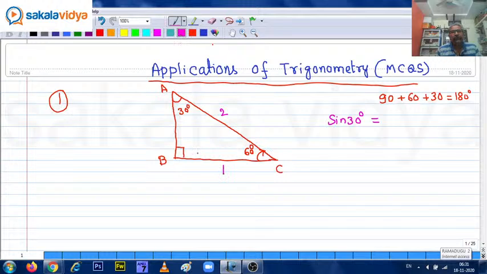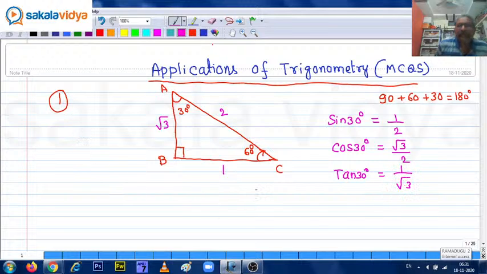You take the side as 1, this is root 3, and the hypotenuse is 2. Now see, sine 30 is equal to 1 upon 2. Cos 30 is equal to adjacent side by hypotenuse, root 3 by 2. Now tan 30 is equal to opposite side by adjacent side, so that will be 1 upon root 3.